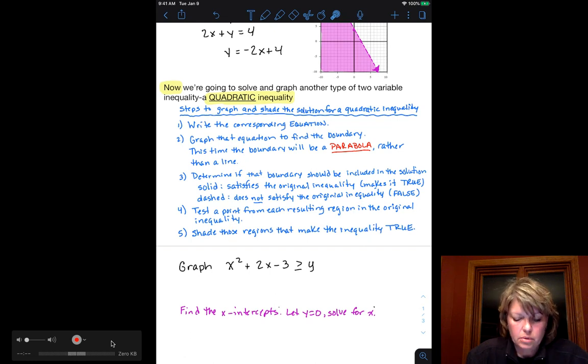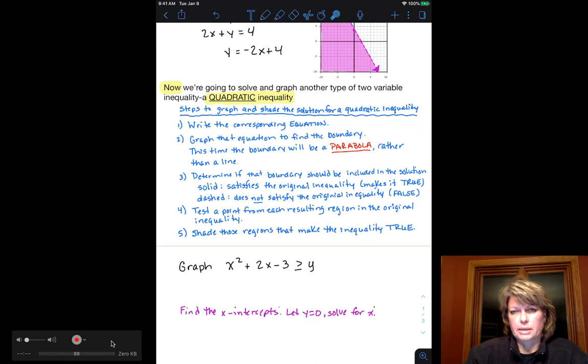Write the corresponding equation, graph the equation to find the boundary. There's the keyword boundary. In this case, the boundary is going to be a parabola, not a line. Determine if that boundary is part of the solution, solid or dashed. Test a point in the region, and then shade those that work. The steps are exactly the same.